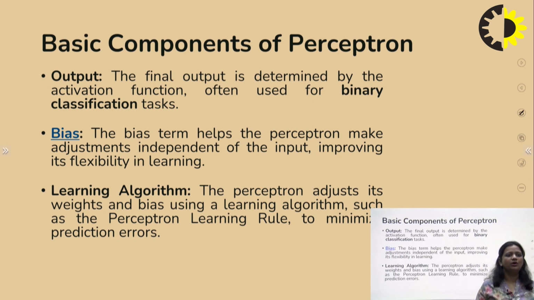The perceptron adjusts its weights and bias using a learning algorithm such as the perceptron training rule to minimize the prediction error. And what is the perceptron learning rule? We will discuss that later, after this slide.